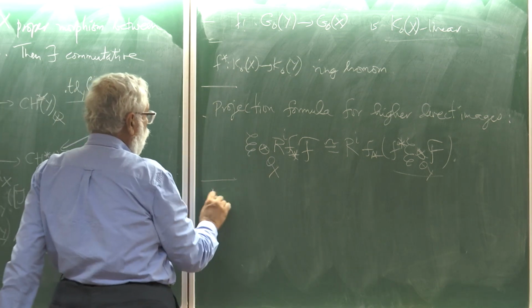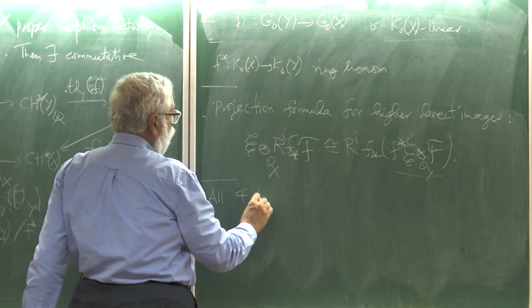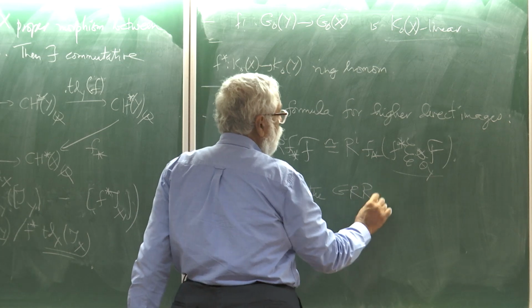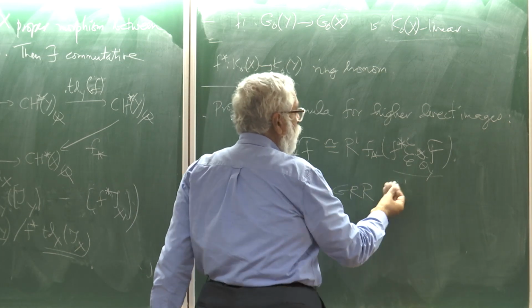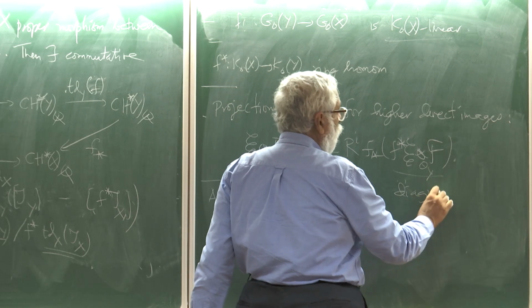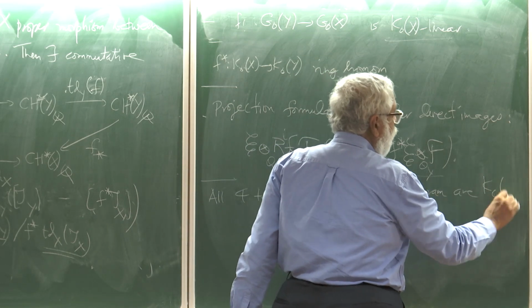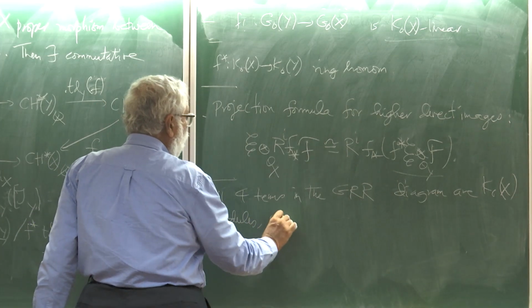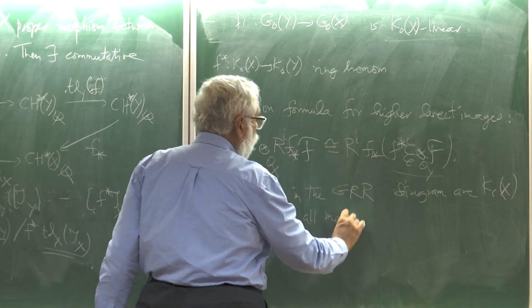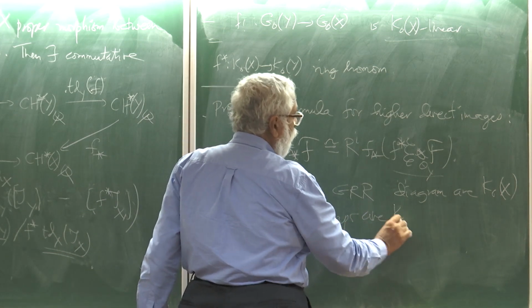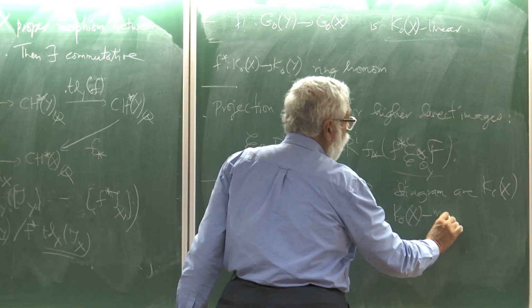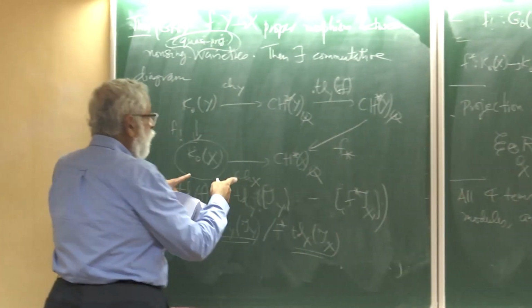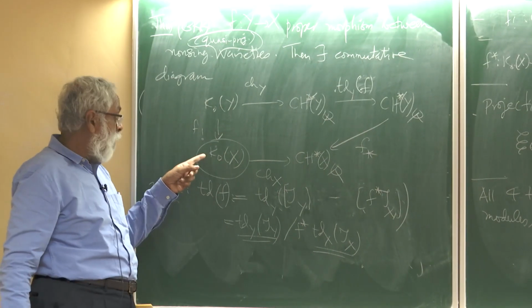So all four terms in the GRR statement, GRR diagram, are K0x modules, and all maps are K0x module maps.